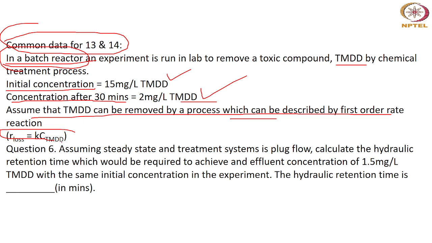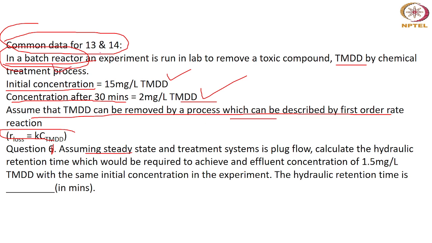That is the key formula, the key mathematical expression, of a first order reaction. Now the question, question 13: assuming steady state and the treatment system is a plug flow reactor.